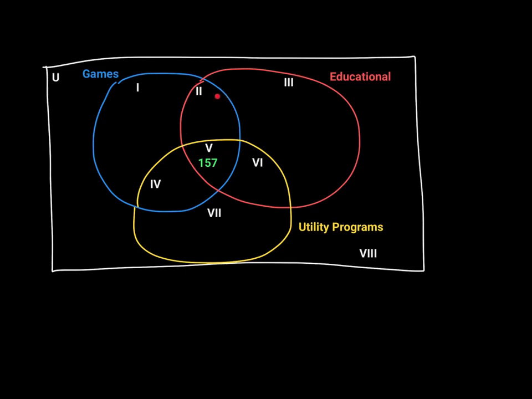Those that are in Region 2 are those that bought games and educational software only. They didn't buy utility programs. So the problem actually tells us that 297 customers purchased games and educational software.